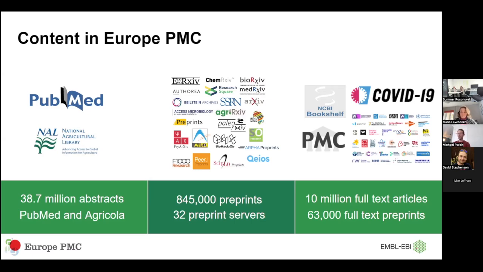So lots of abstracts, and about a quarter of those are in full text as well. There's also several tens of thousands of full text preprints, both from a COVID project that we ran over the last few years. And we're also including Europe PMC funded preprints as full text as well.